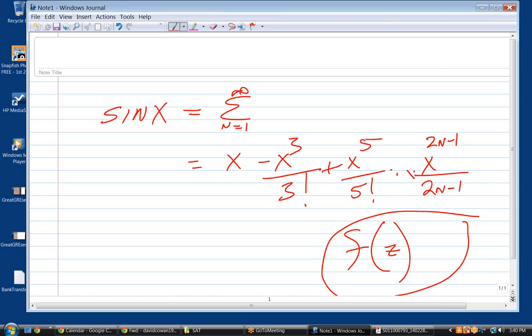Then that proves that this particular series converges to sine x because of the remainder. If I tried to use Taylor's remainder theorem on this other series that I drew, it would not go to 0.